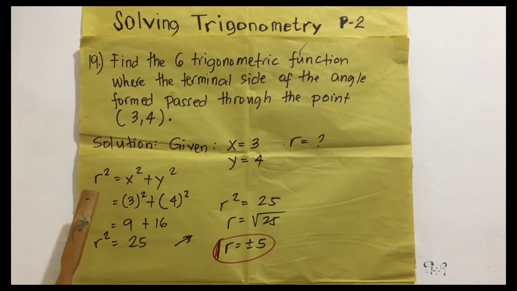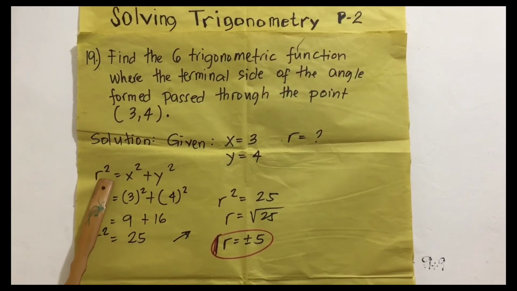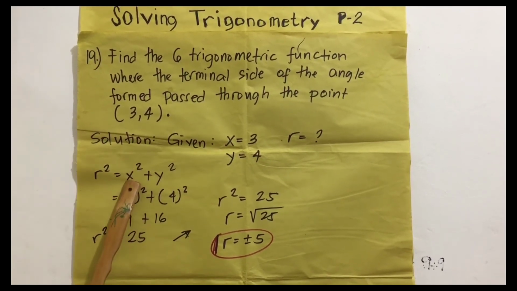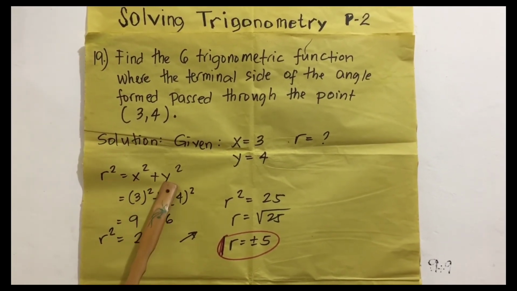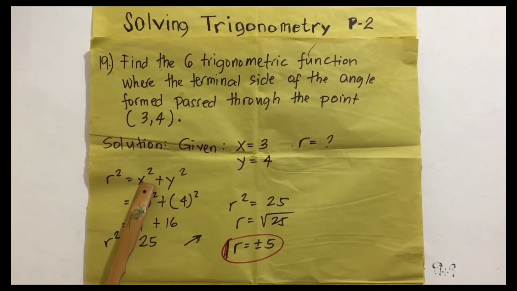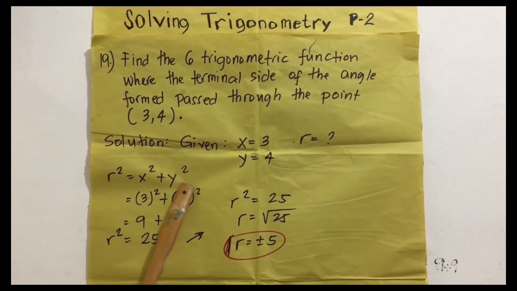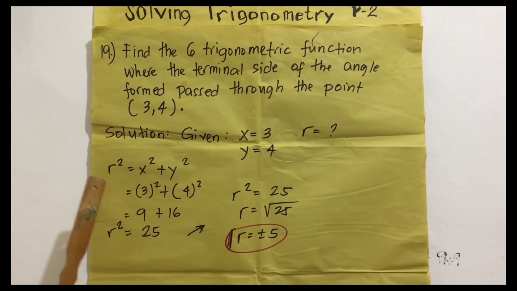So our formula is the radius vector r squared equals x squared, the abscissa, plus y squared, the ordinate. Then we're going to substitute.